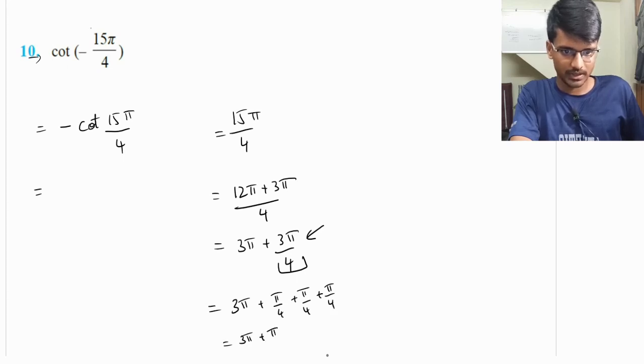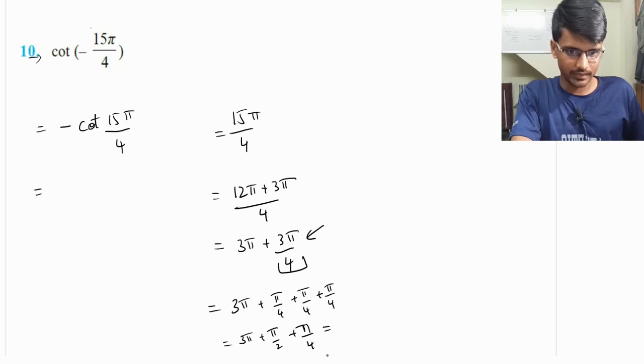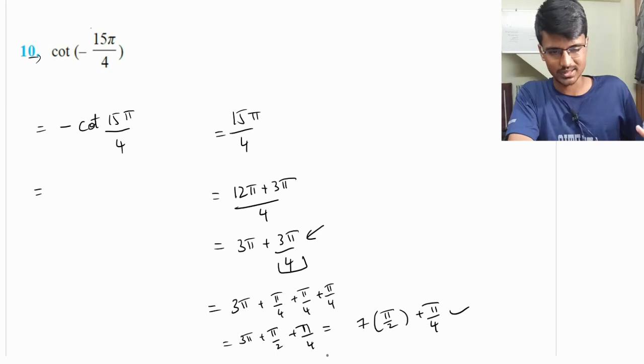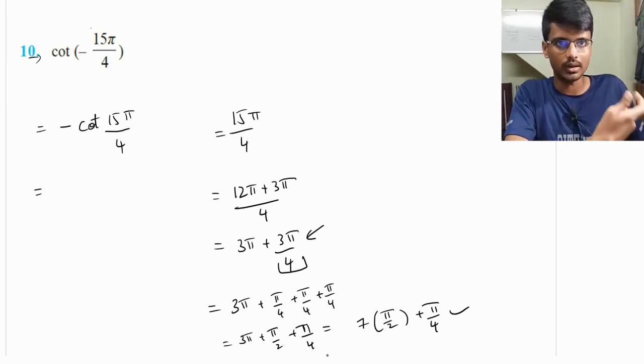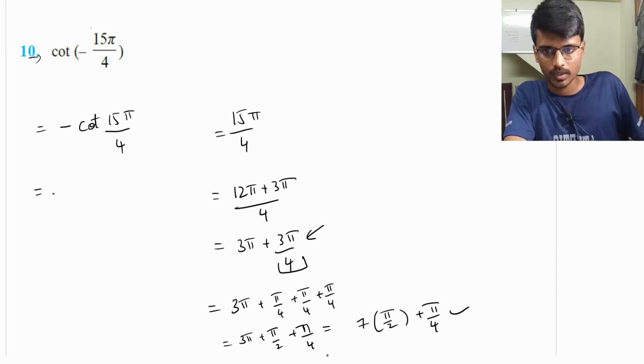So 3 pi plus pi by 2 plus pi by 4. Now I can write this as 7 times of pi by 2 plus pi by 4, right? Just try something out, you will come to understand this. This is a simple thing I have done. What I am doing is trying to write it in terms of pi by 2. Cot of 7 pi by 2 plus pi by 4.